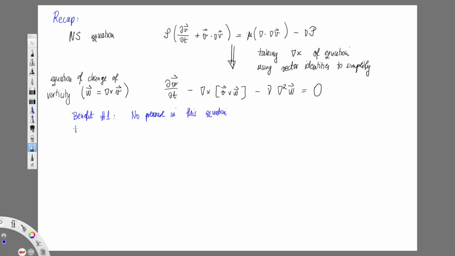And benefit number two is, if I'm actually solving 2D or planar flows of an incompressible Newtonian fluid, then your V is (Vx, Vy, 0) as a vector.